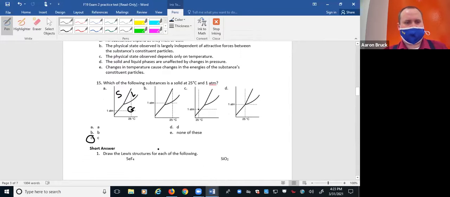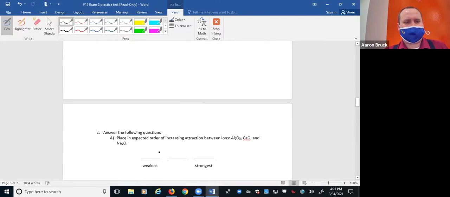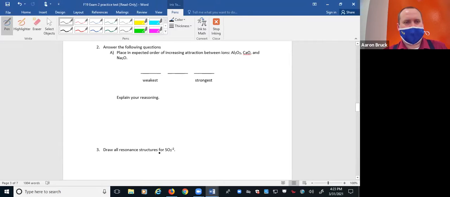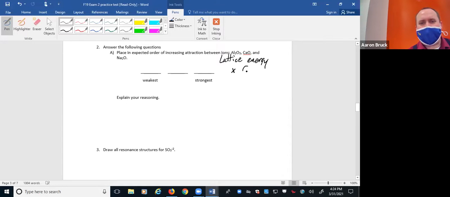Okay, on the short answer for number 2. Okay, so this is where we're talking about lattice energy. What we want to look for is charge and then size.